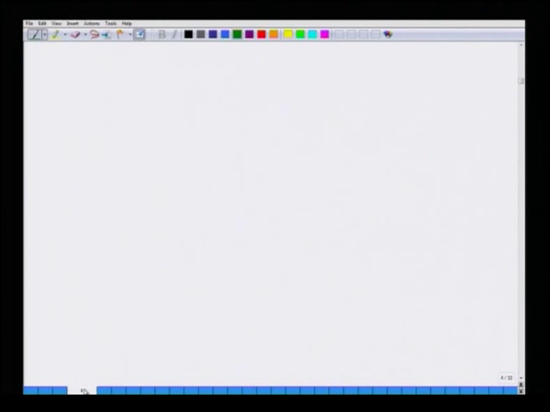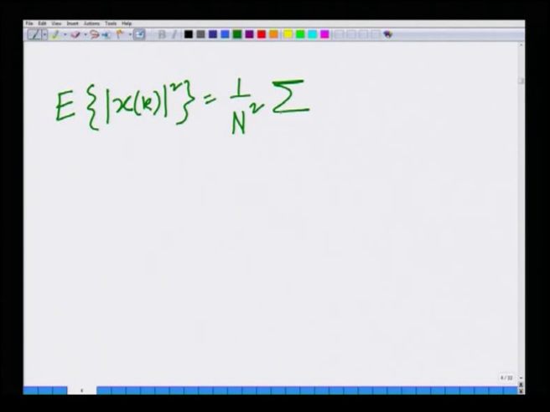Hence, expected magnitude xk square is nothing but 1 over n square summation i equals 0 to n minus 1 expected magnitude xi square.